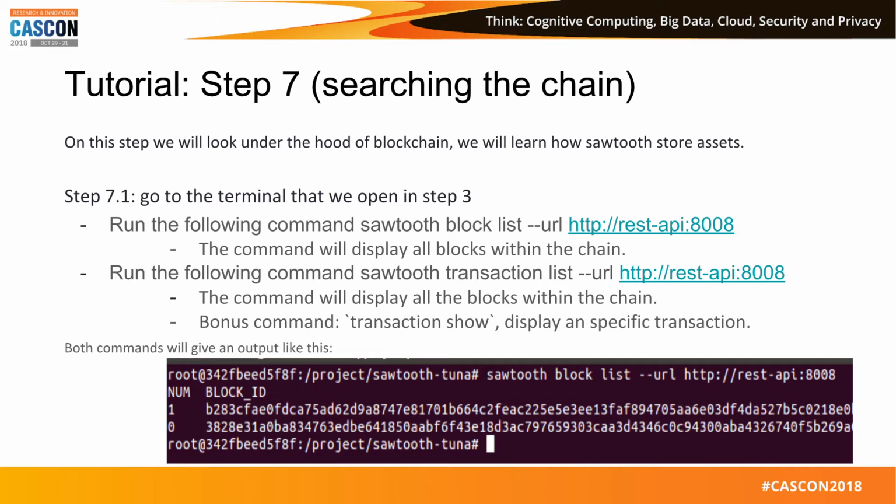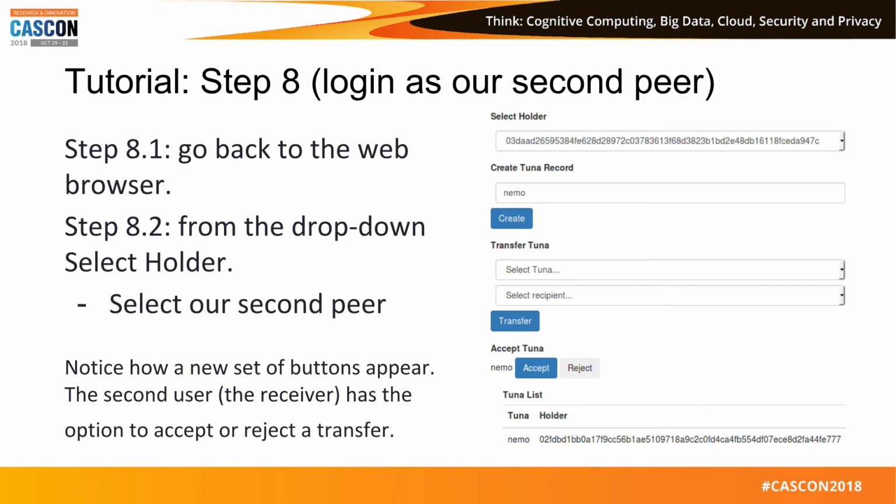Okay. What else can we see here? We can see that we are running on Sawtooth. This is a command line interface, a default command line interface, and we're passing in the IP of our REST API.